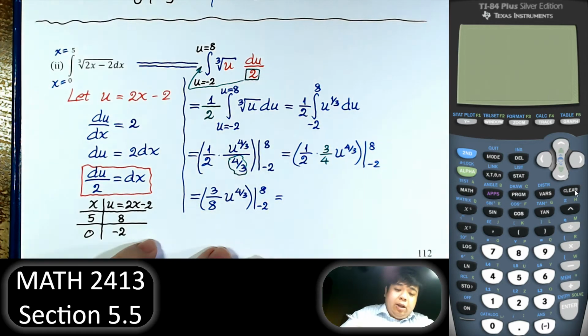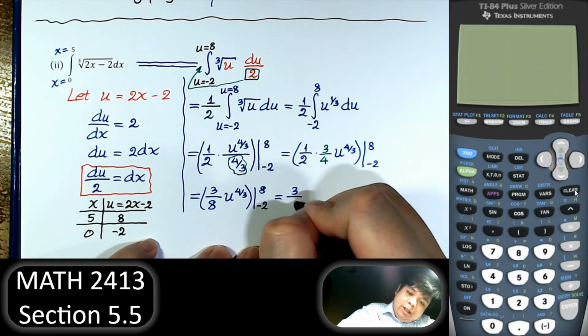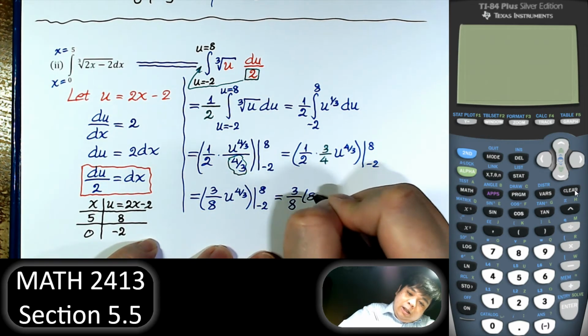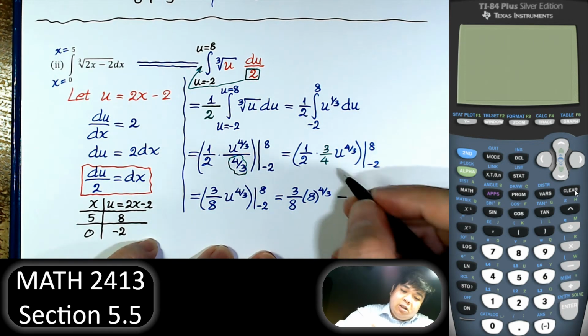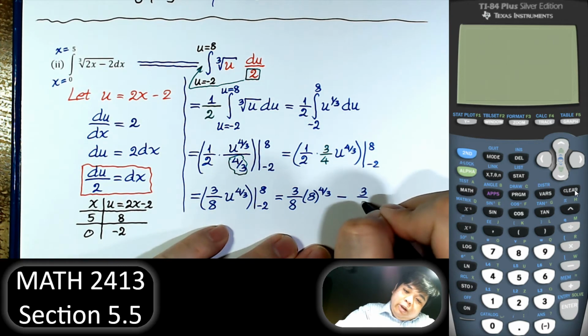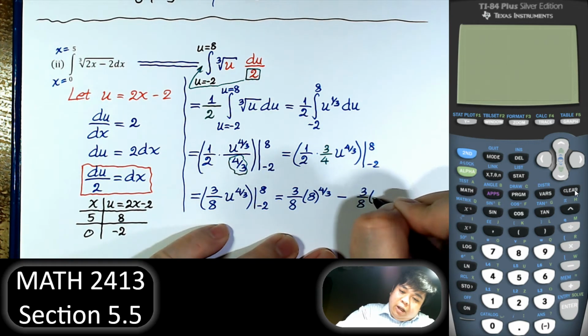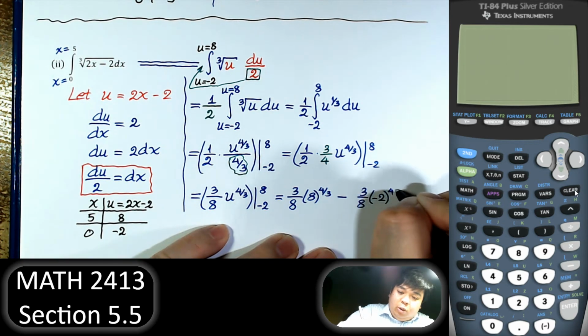Right? Then we can have 3/8 times 8 to the 4/3 minus 3/8 times -2 to the 4/3.